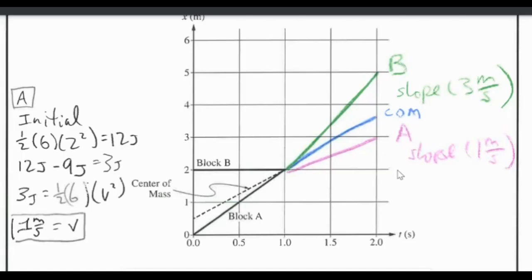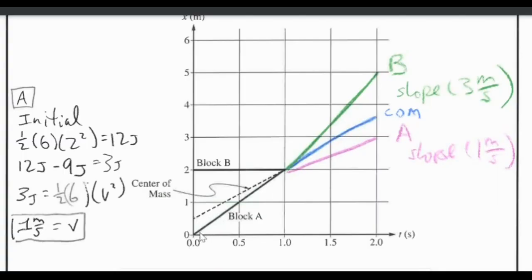Now, as far as B goes, it has a slope of 3, which we just solved for. So that one I was already prepared with. So it's only from 1 to 2 seconds, so up 3 over 1. So I went from 2 to 5 meters to have a slope of 3 meters per second. As for the center of mass, because the momentum is conserved, it would continue with the same momentum before and after the collision.